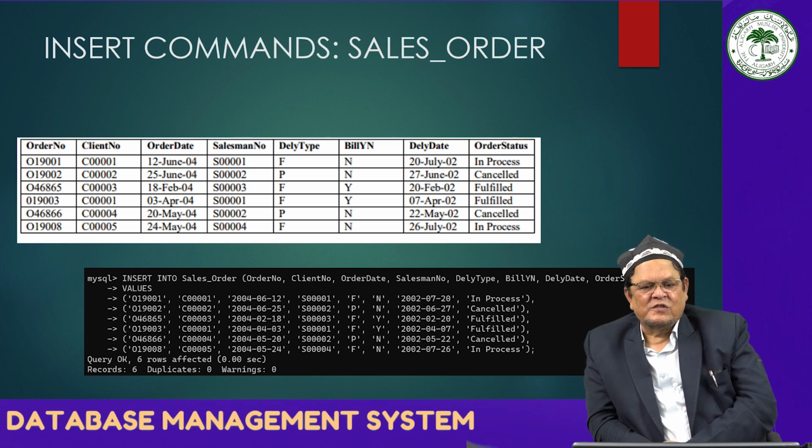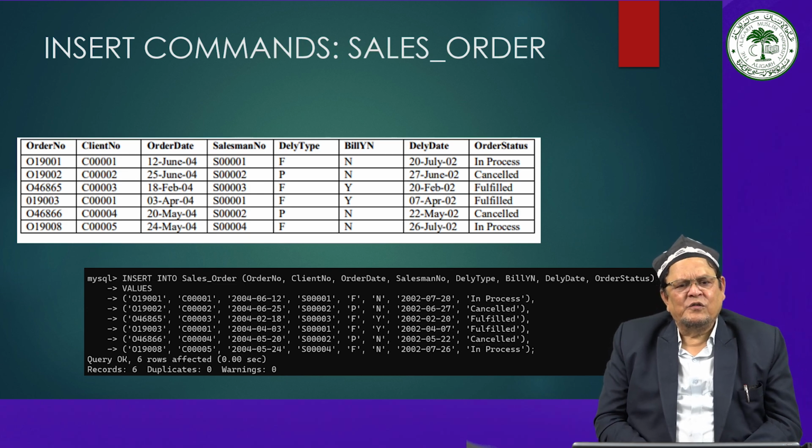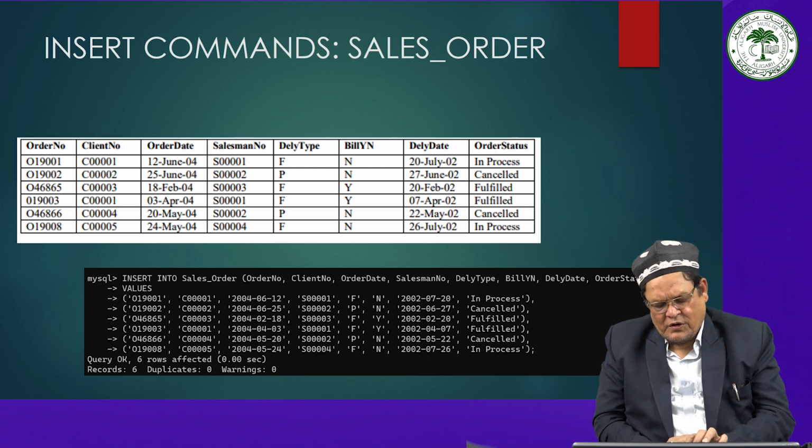Salesman number is S0001, and the delivery date and the order status is in process, cancelled, whatever you have to enter. In this way you are able to enter the values in sales order.